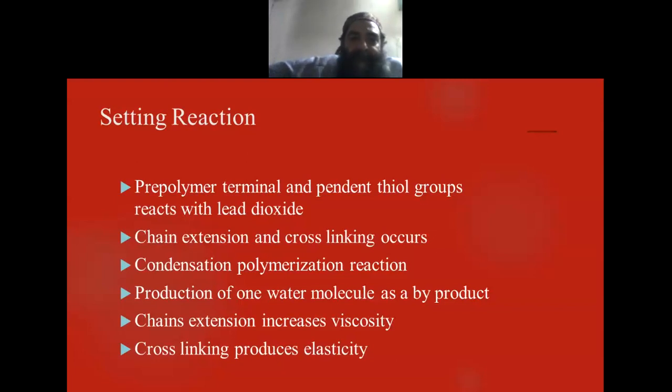The prepolymer terminal and pendant thiol groups obviously react with lead dioxide. Then chain extension and cross linking occur. How? We can see chain extension.